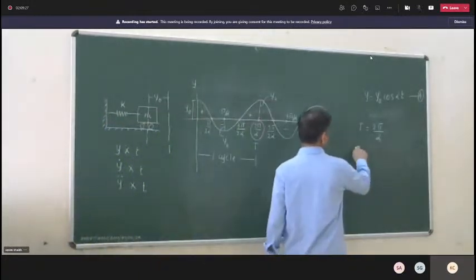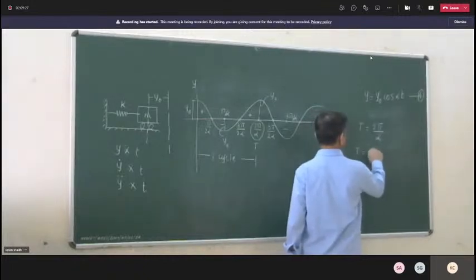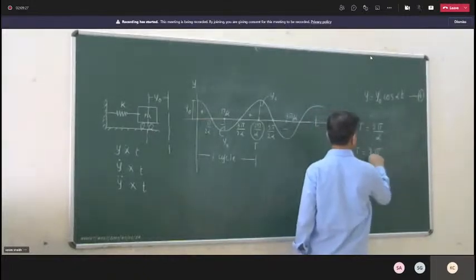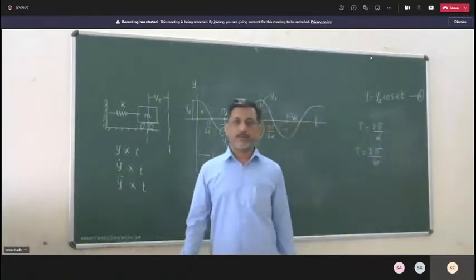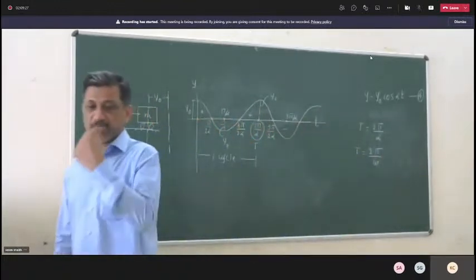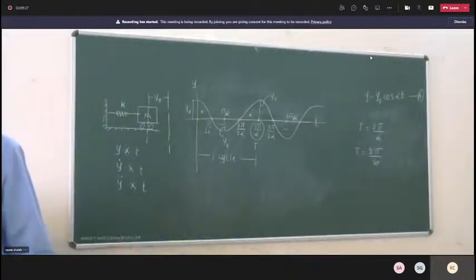So on basics, T is equal to 2 pi upon omega. What is the conclusion? Omega is equal to alpha. The natural circular frequency of vibration of a single degree of freedom system is given by alpha.